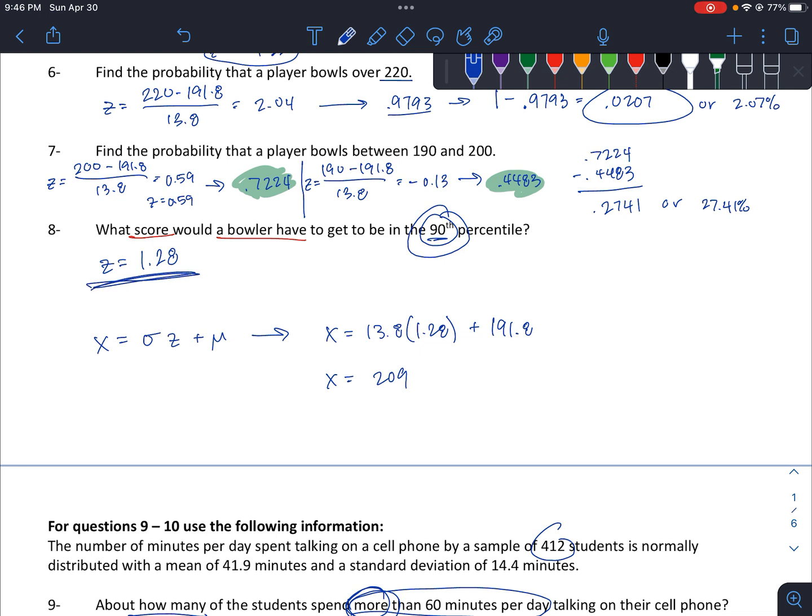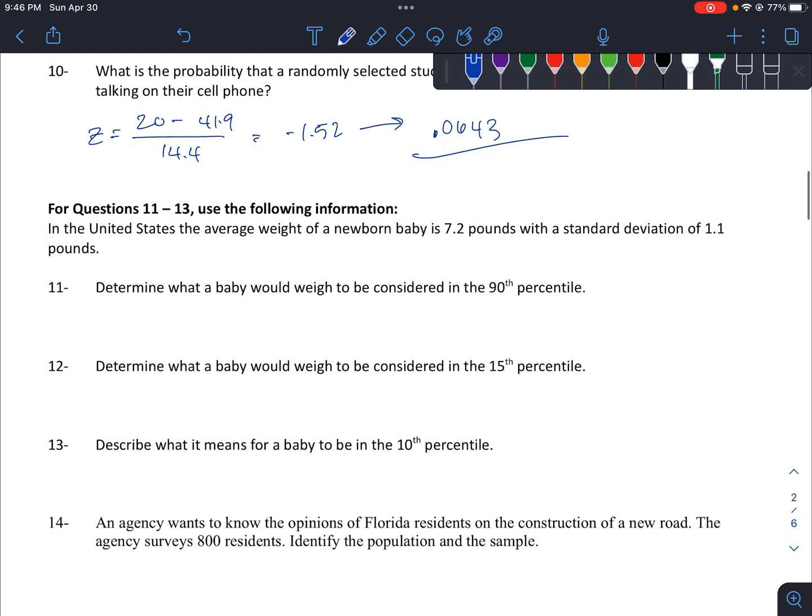Since we already found the z-score associated with the 90th percentile, we're going to use that same one. So for the 90th percentile, z is equal to 1.28. Then I'm going to convert that to an x value, but using new values.